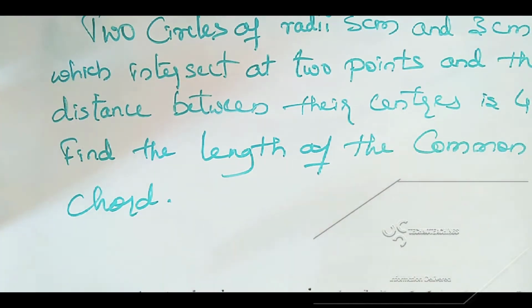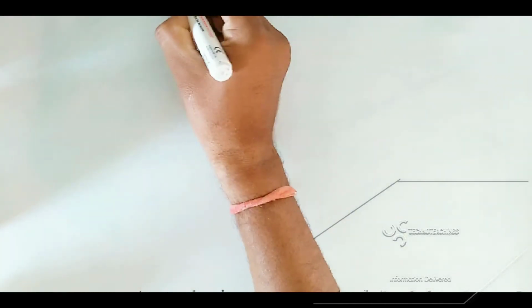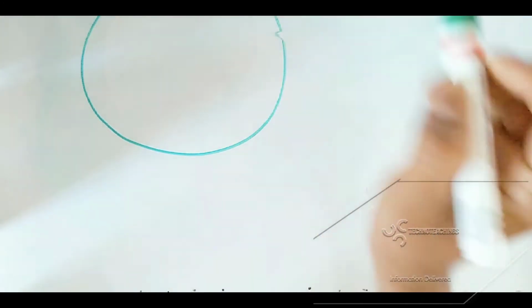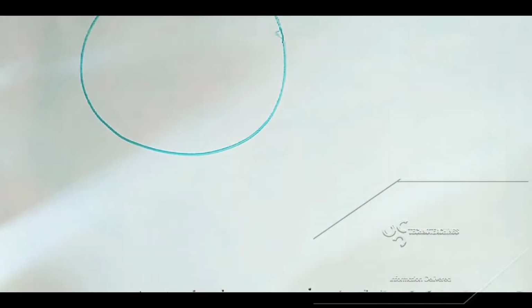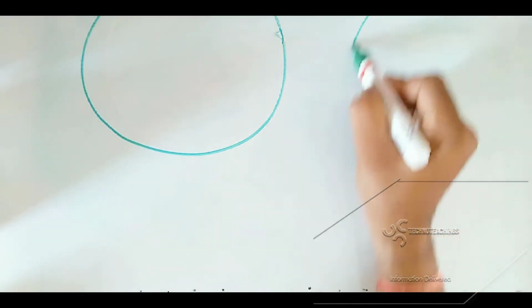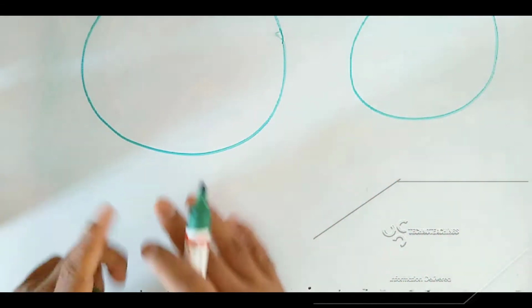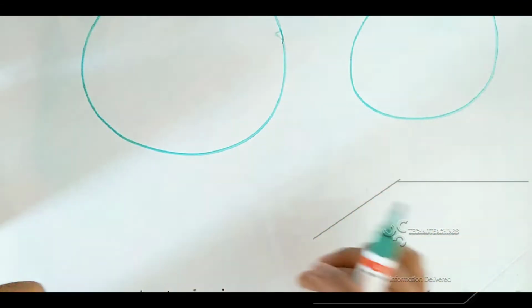So let us have a figure. Okay. Circle number 1, and this is circle number 2. These circles are being separated right now in this moment.